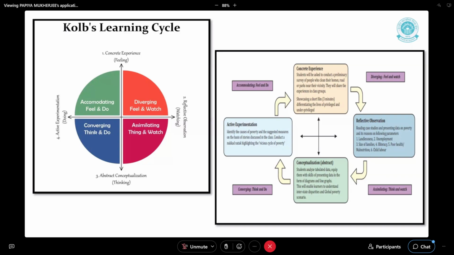Students would be told to present their data on poverty on various parameters like landlessness, size of family, unemployment, illiteracy, poor health, malnutrition, child labor, etc. Now they start conceptualizing that abstract. And from conceptualizing that abstract, they go to active experimentation by identifying the causes of poverty and suggesting measures on the basis of the stories that have been discussed in the class.